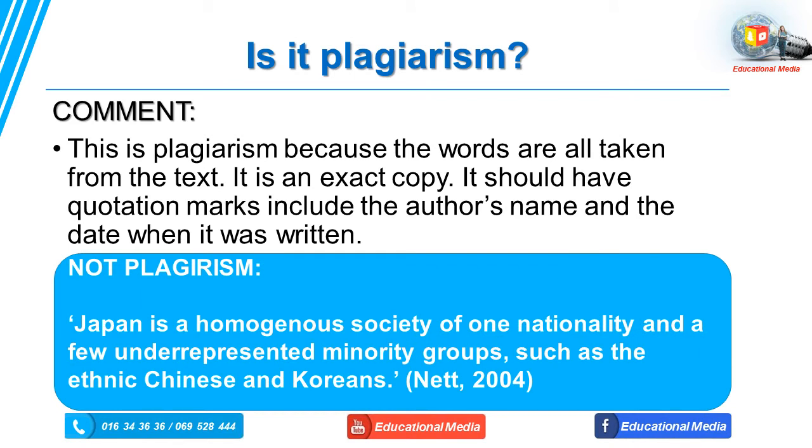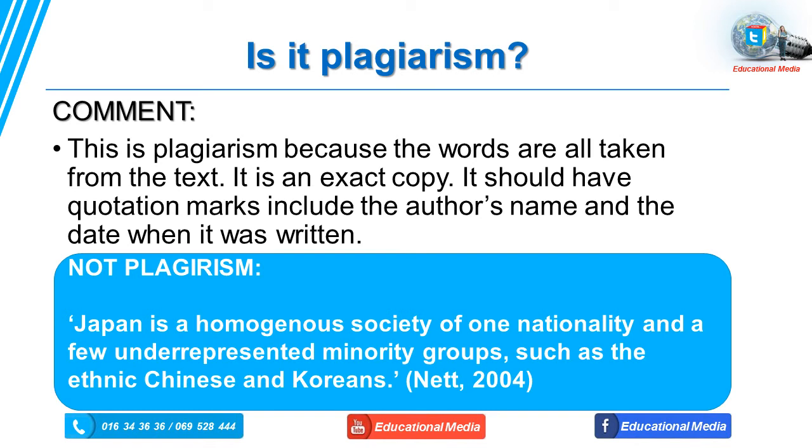And how to make it not plagiarism? It is not plagiarism if you do the following. You can put quotation marks around the words, around the sentence, and you need to document the source. You need to put the last name of the author and the date or year when it was written. Okay, let's take a look at the box below. Everything is the same.